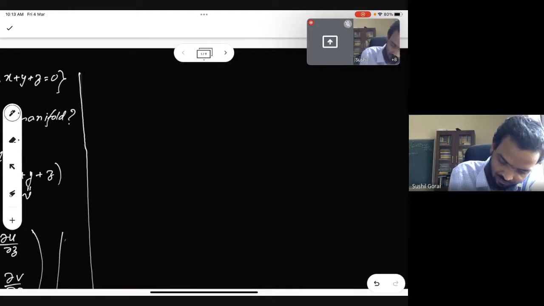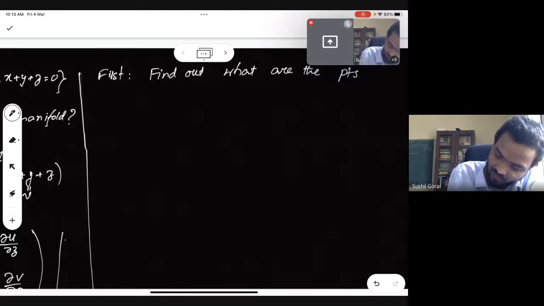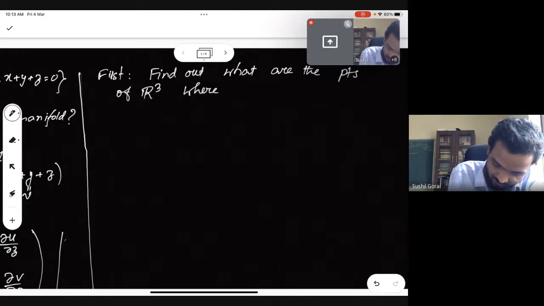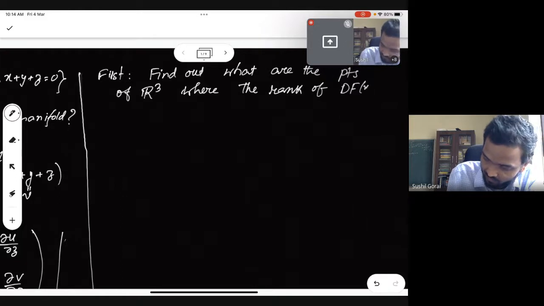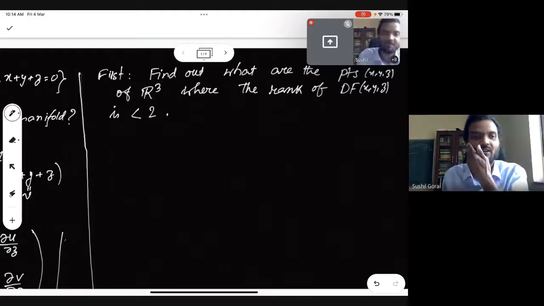Let's find out what are the points of R3 where the rank of df at (x, y, z) is less than 2.